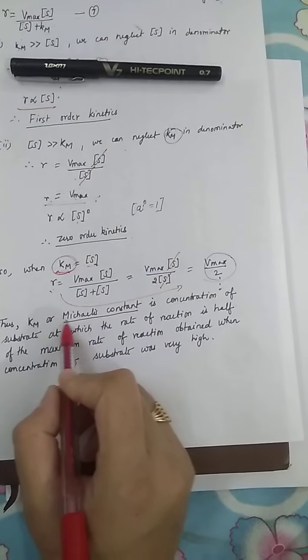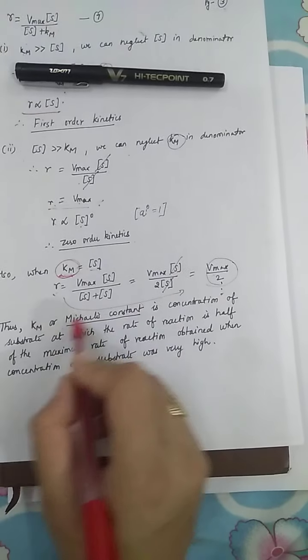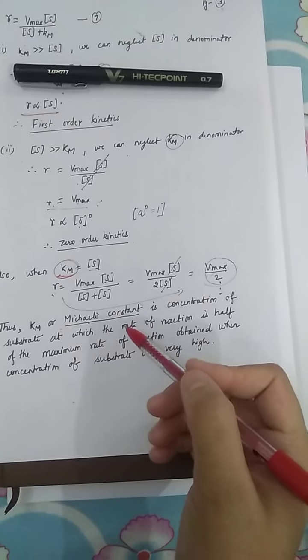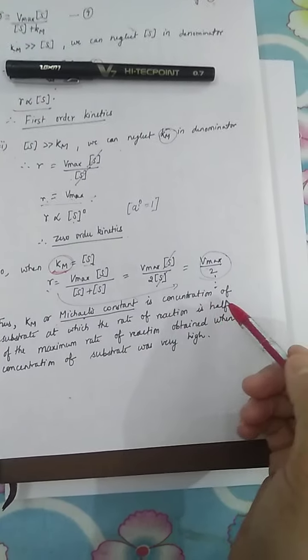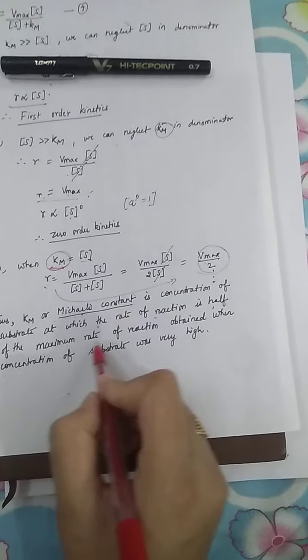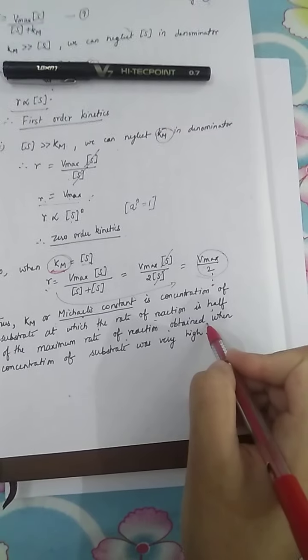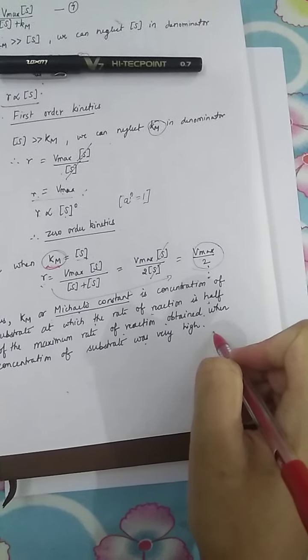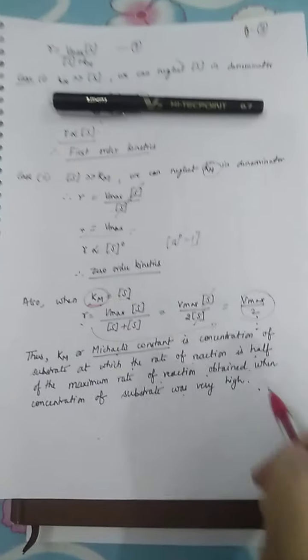So if someone asks you to define the Michaelis constant, you can say that the Michaelis constant is the concentration of substrate at which the rate of reaction is half of the maximum rate of reaction obtained when the concentration of substrate was very high. This topic is finished with this.